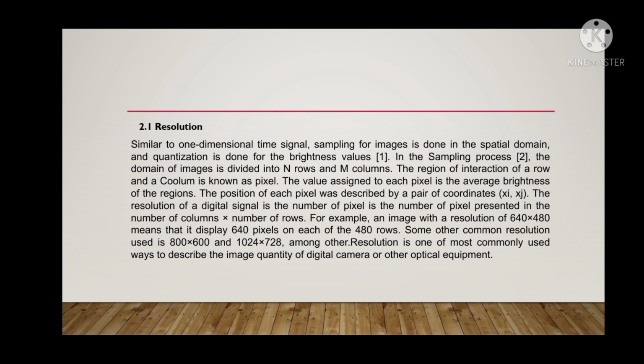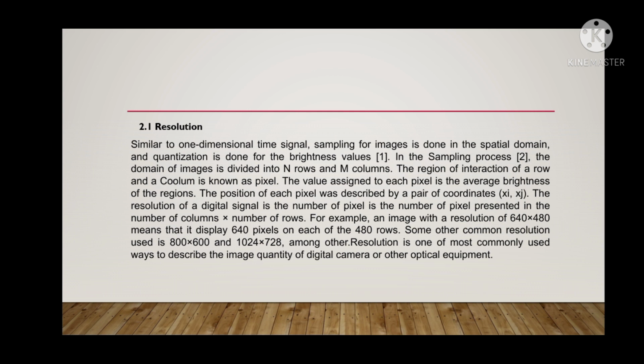The value assigned to each pixel is the average brightness of the region. The position of each pixel is described by a pair of coordinates xi and xj. The resolution of a digital signal is the number of pixels presented in the number of columns by number of rows.